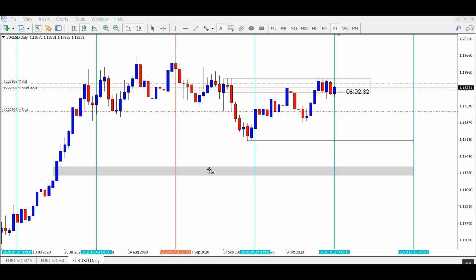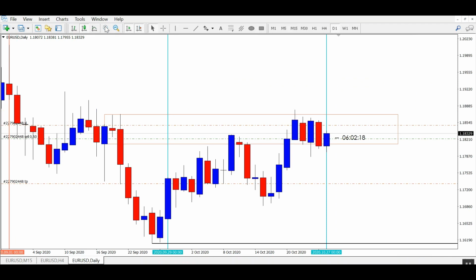Another element that is actually telling us from the daily time frame that we might see this market going lower is the fact that if we zoom in to these days, to the last days, we're going to see that the market has made this high and then the market has actually made a lot of lower highs.